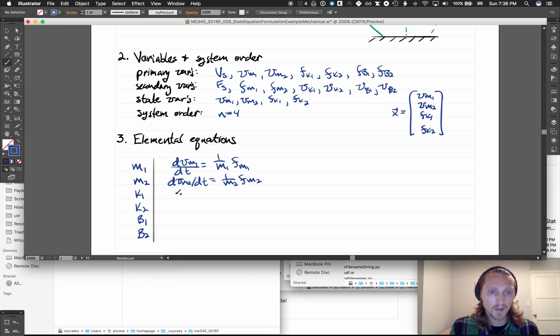So it is dFk1/dt equals, so it's F equals kx, that's Hooke's law, right, where x is the displacement across the spring and F is the force through the spring. dFk1/dt is then going to be equal to, with k1 being a constant, k1 dx_k1/dt, which is just Vk1.